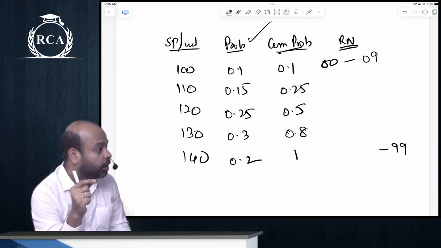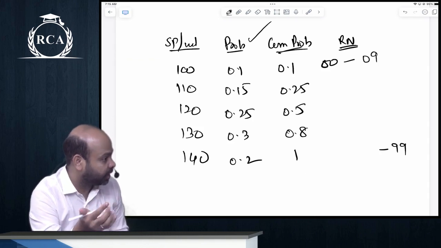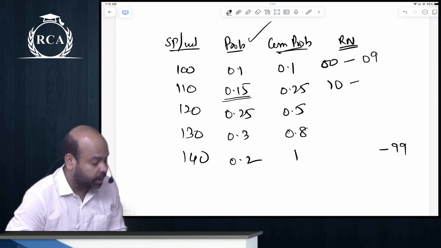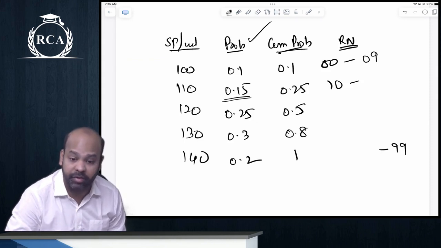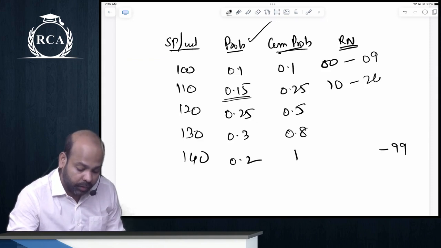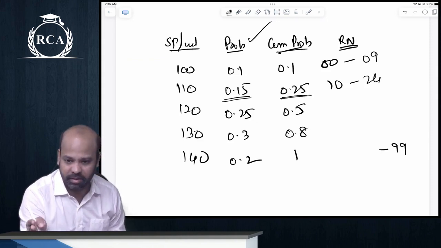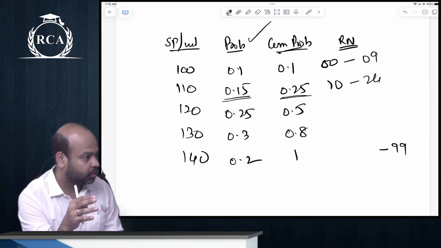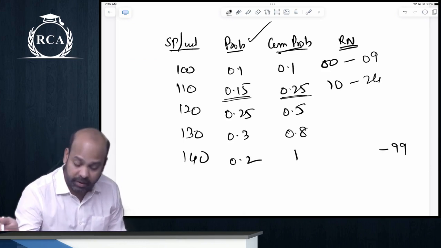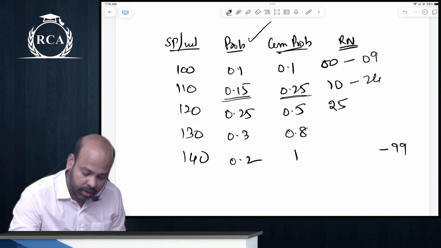Yes or no? The next random number series should start with 10. The probability of this one is 0.15, so I have to assign 15 random numbers starting with 10. I have to end with the cumulative probability minus 1, because we are starting with 00, not with 01. The next set of random numbers will start with 25.